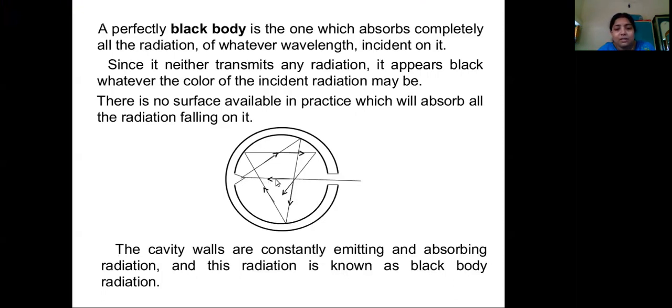The shape is given so that a ray which is incident normally through the orifice does not go back out through the orifice. It is used to capture all the radiation, so that no radiation goes out from this body. If it captures all the radiation and does not reflect any radiation back outside, it will be treated as a black body.